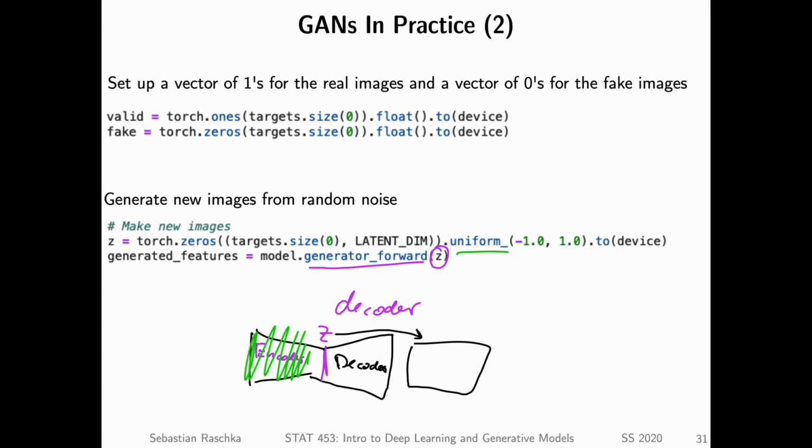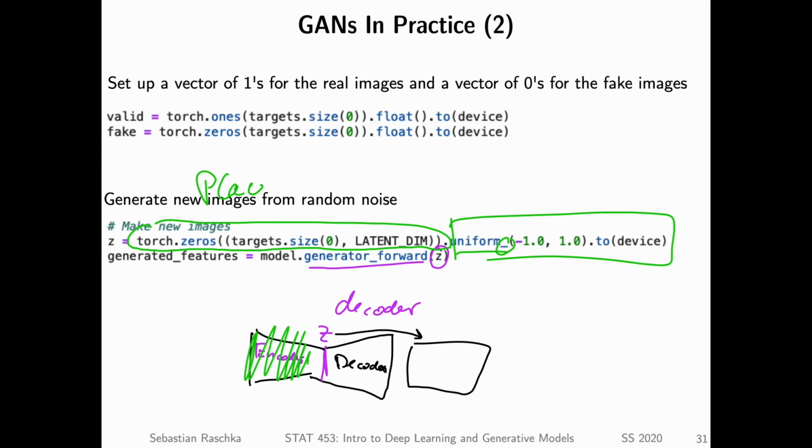Here it looks maybe a little bit weird because I have this part and then there comes this part. So remember, everything with an underscore in PyTorch means modifying something in place. So I'm first just generating a placeholder vector that has the same size as the mini batch size. So again, I have this target size here, which is the mini batch size. And then I'm replacing it with values from a random distribution, a random uniform distribution.